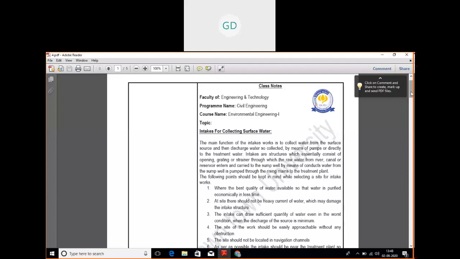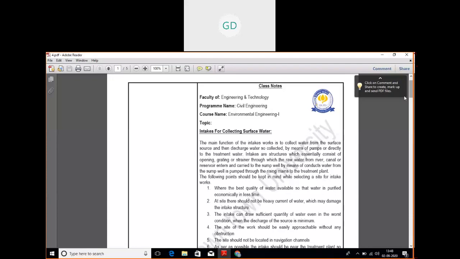So what does an intake do? For a source of supply you have seen, the main function of our intake is to collect the water from the source and to discharge it to the conduit. The conduit, everyone knows, is a kind of pipe.